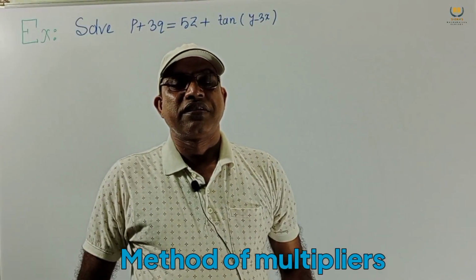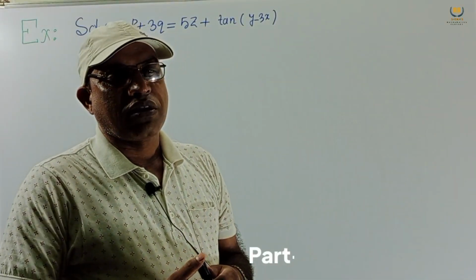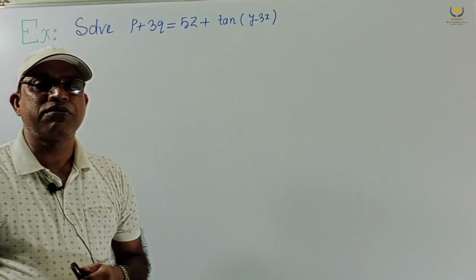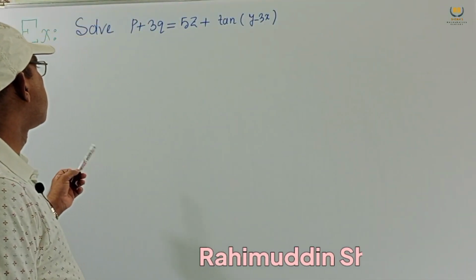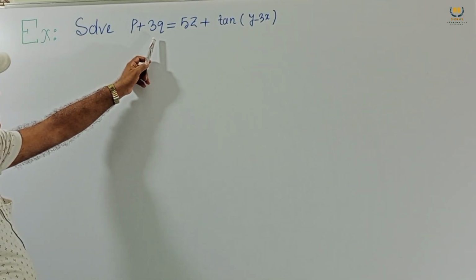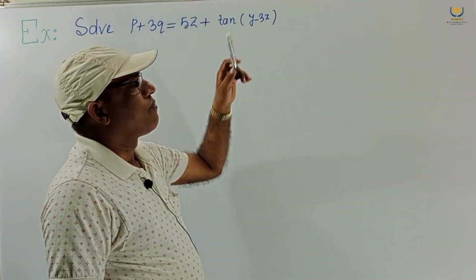So we solve some problems about first order partial differential equations. We consider the remaining problems of the same types by using the method of Lagrange multipliers. In this given example, solve p plus 3q equals 5z plus 10y minus 3x.